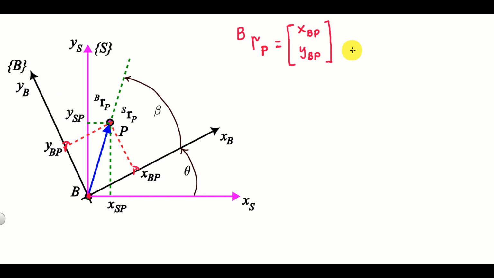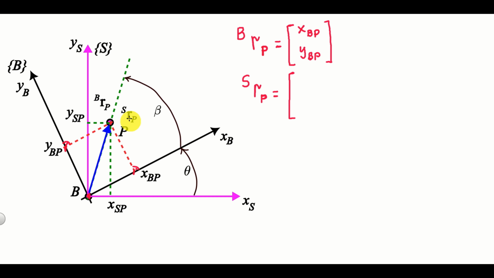Then we have another vector, or better to say the same distance vector with different projections. This vector is denoted as RPS, that is the distance of the point P, expressed in the frame S. And let's find these projections.